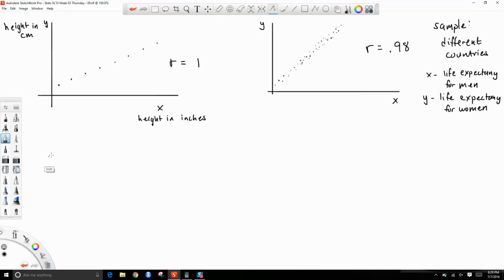As the scatter increases, the R gets closer to 0. So here, you have R equal to, I don't know, 0.6. I'm just making that up. Okay. And here, this could be height versus weight.